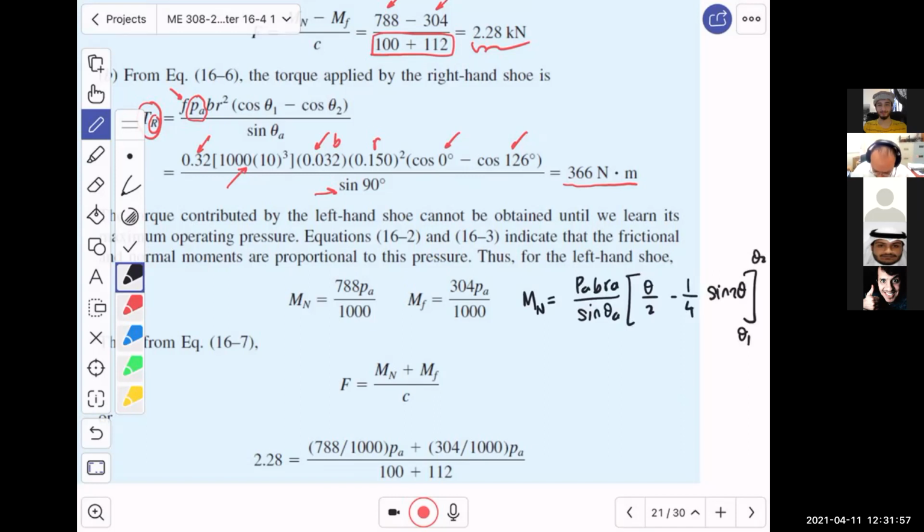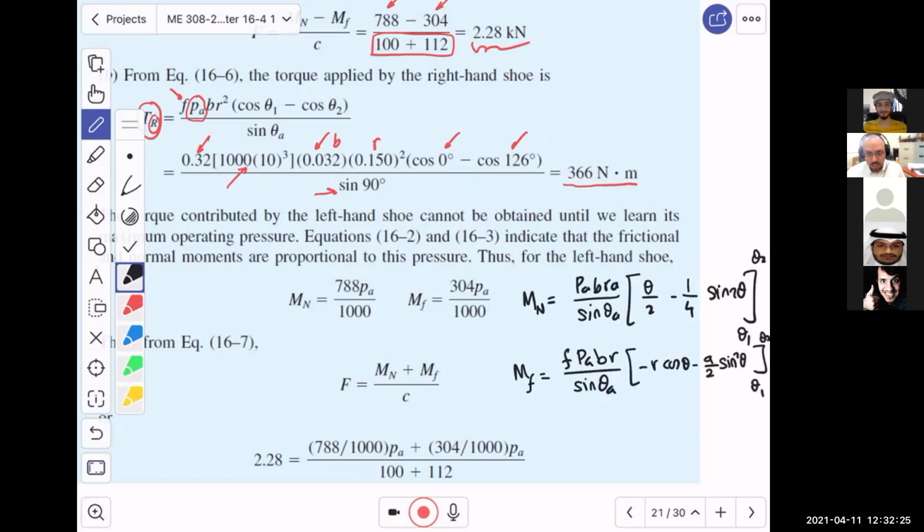What is MF? It is F multiplied by PA multiplied by BR divided by sine theta A, and then we have minus R cosine theta minus A over 2 sine 2 theta, and then theta 1 and theta 2.